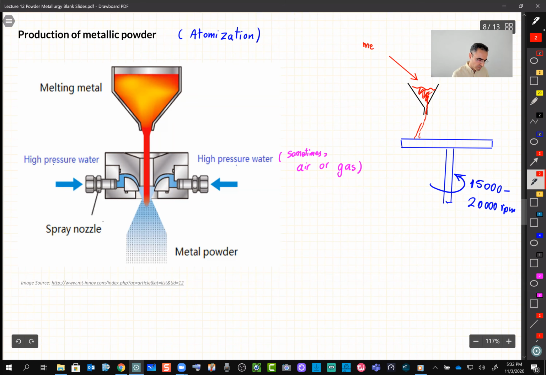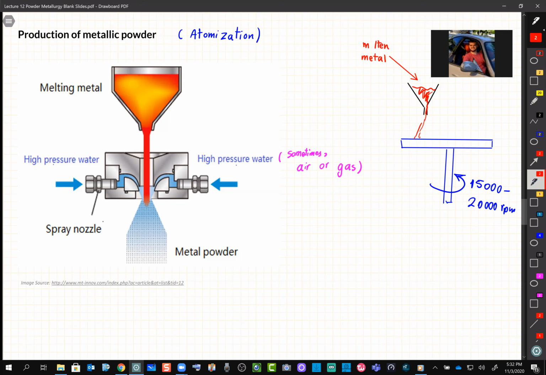Molten metal. Somebody was supposed to tell me the difference between melted and molten. Did anybody figure out the difference? It's the same thing.